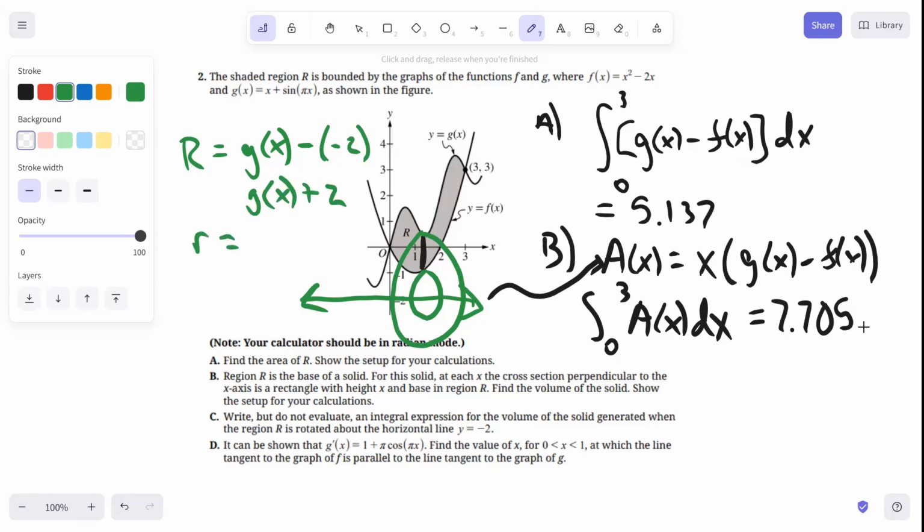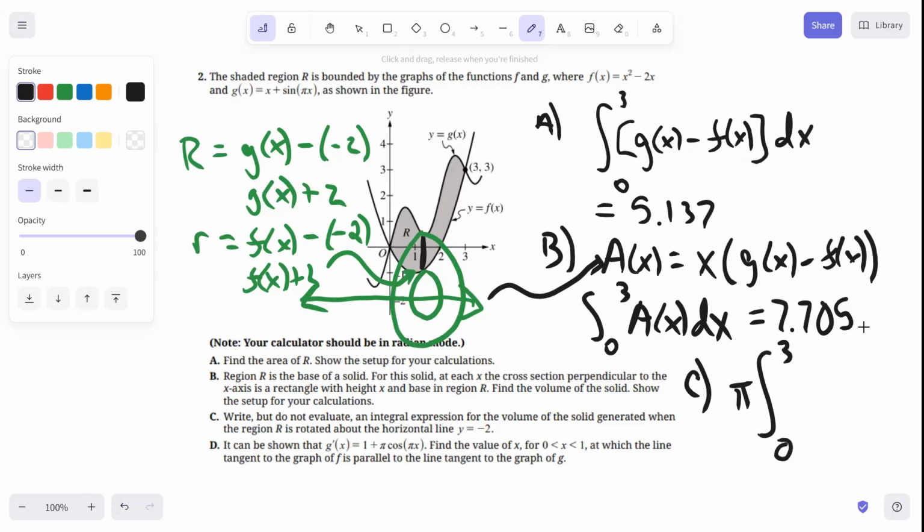Little r, similar idea here, but the inner radius is given by the function f of x minus the axis of rotation, minus -2. So you'd have f of x plus 2. The volume is going to be pi times the integral from 0 to 3 of g of x plus 2 quantity squared minus f of x plus 2 quantity squared dx.